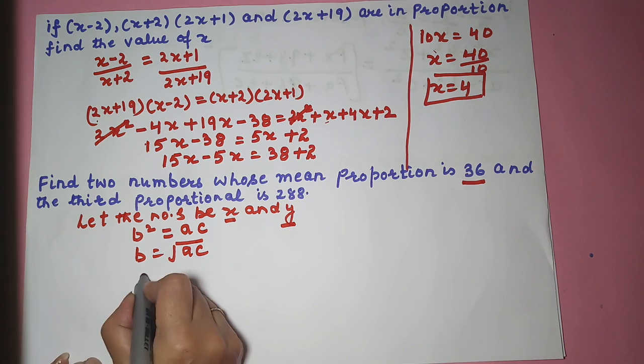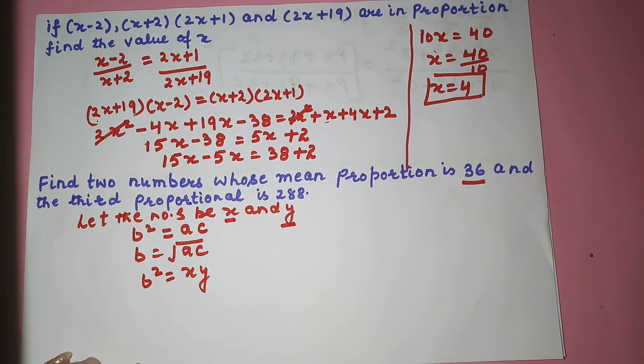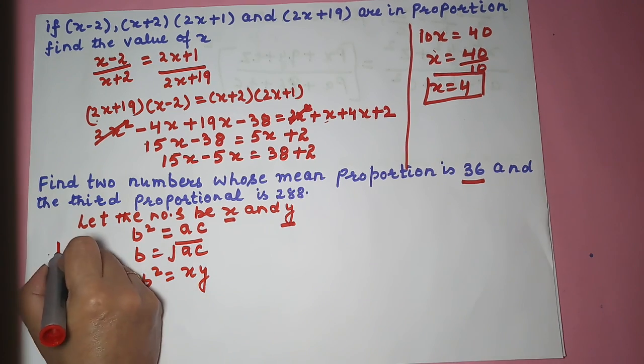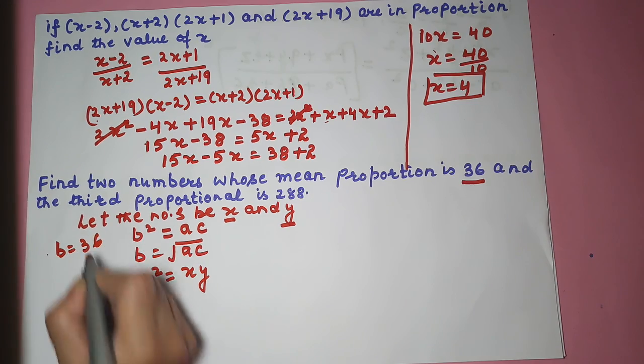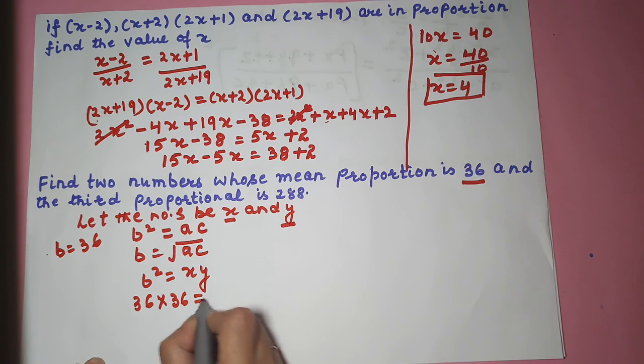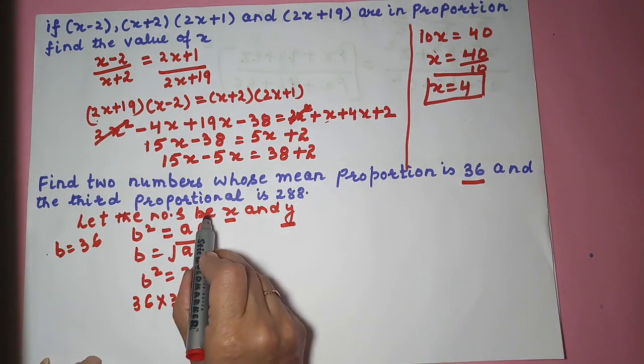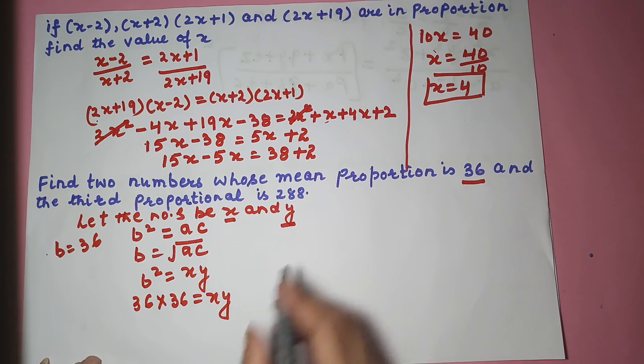So what does that mean? Does that mean b square is equal to xy? We'll keep b as the mean proportion. So does that mean he has already given us b as 36? Does that mean 36 into 36 is equal to x into y? Right? And further he's saying that the third proportional is 288. What does that mean?